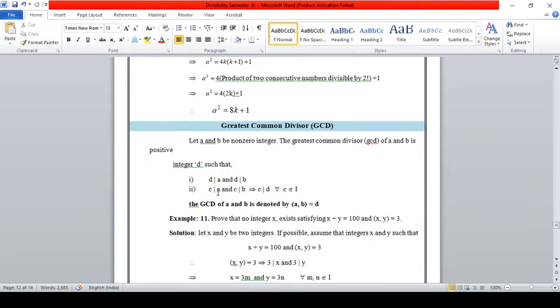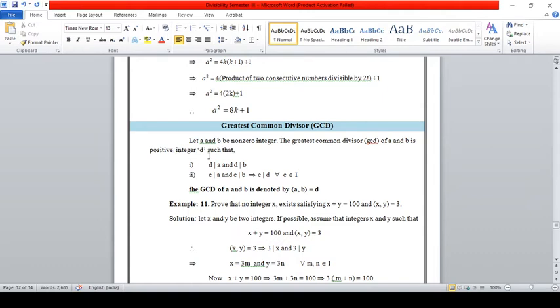Second, if c divides a and c divides b, then c divides d. So d is the GCD, the greatest common divisor, and this is denoted by gcd(a, b) equal to d. This is the important concept.